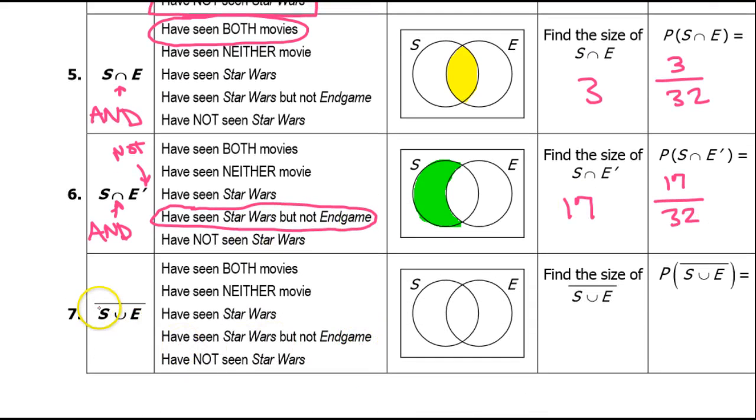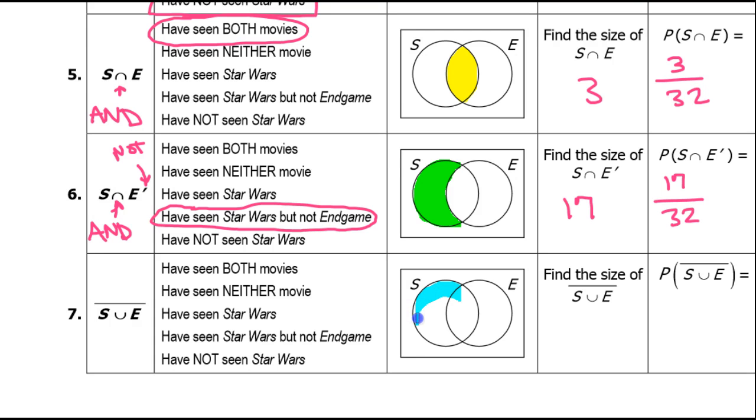Okay. This line is another way of saying not something. So let's start with S or E. Okay, if we started with S or E, that would be all of this.